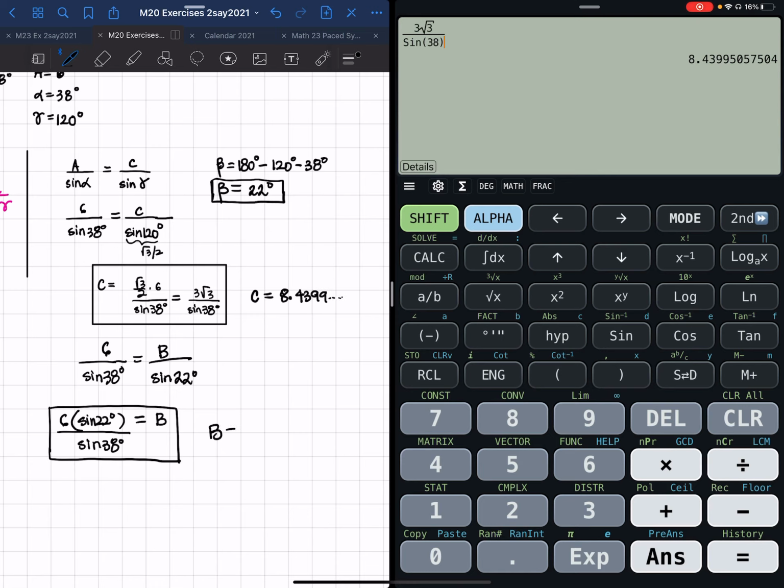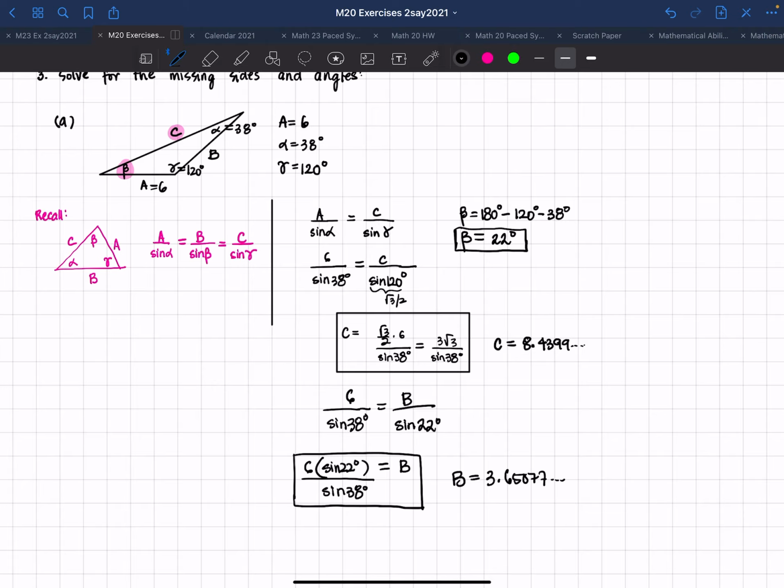Si B mo naman ay 6 times sine 22, nakadegrees tayo, divided by sine 38, which is 3.65077 something something. Okay, so yan yung mga measurement nung mga sides.